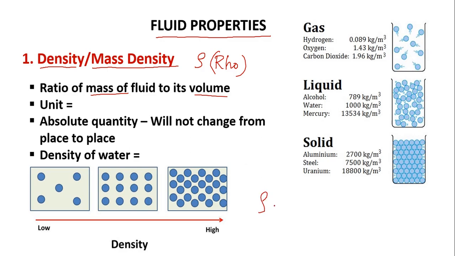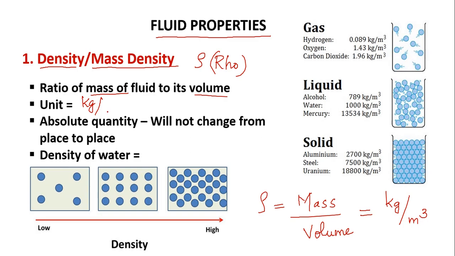So density is the ratio between mass of the fluid and its corresponding volume. Now we'll see the unit of density. Unit of mass is kilogram and unit of volume is meter cube. So we can write unit of density is kilogram per meter cube.